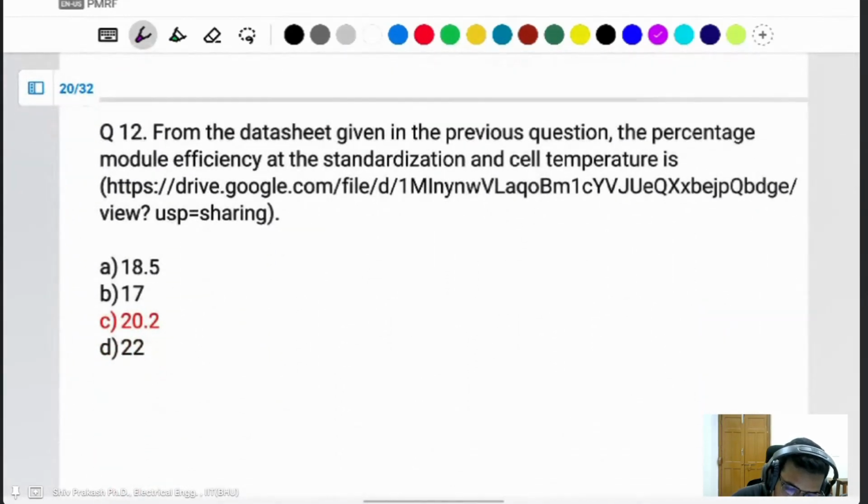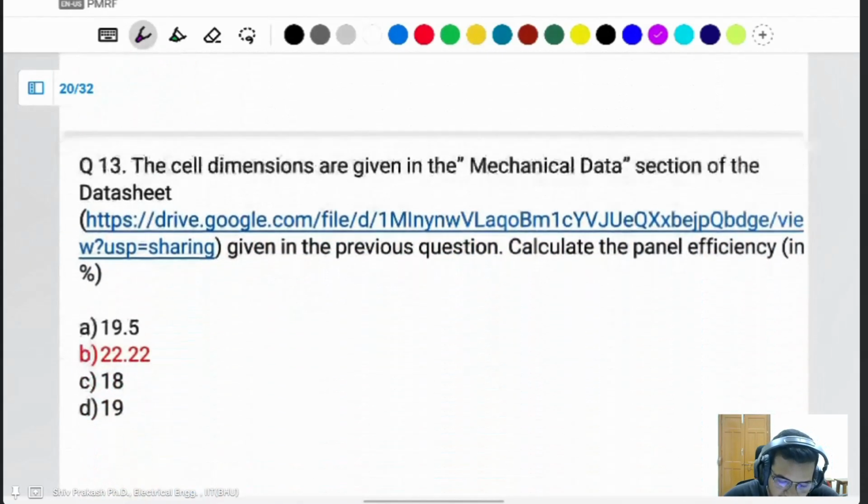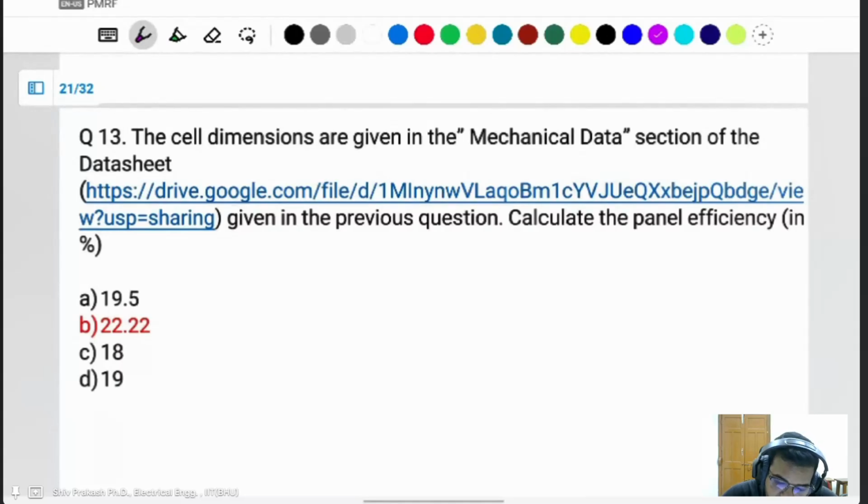From the same data sheet, the previous question asks for the percentage module efficiency at standard condition. The module efficiency is 20.2% only.